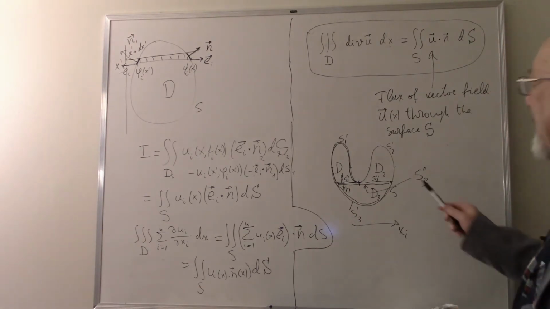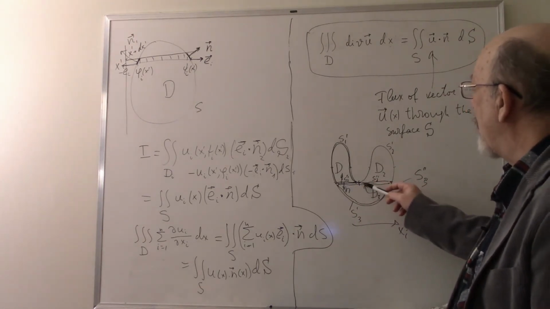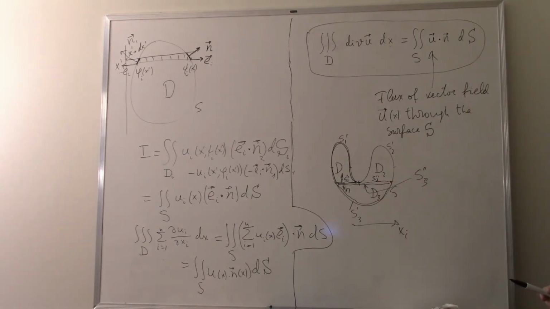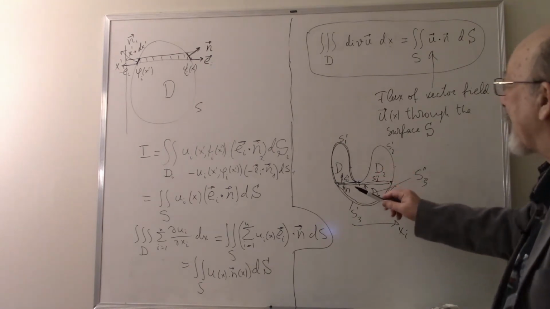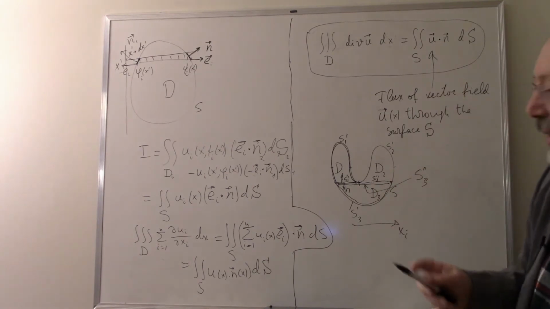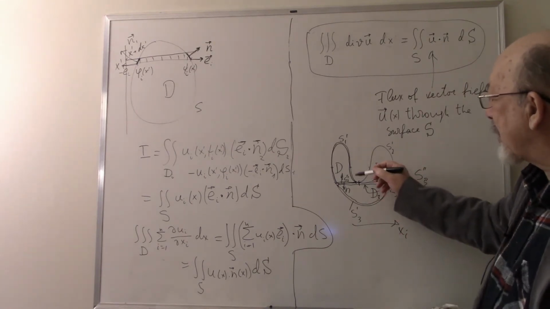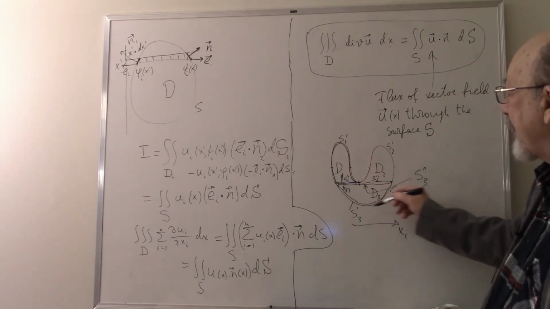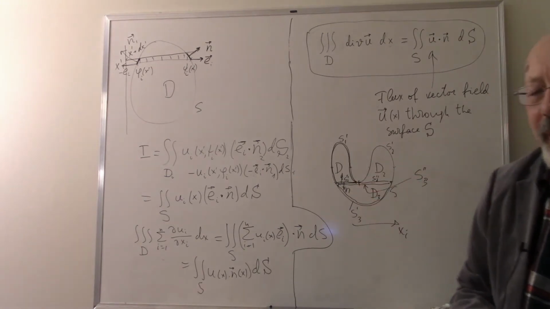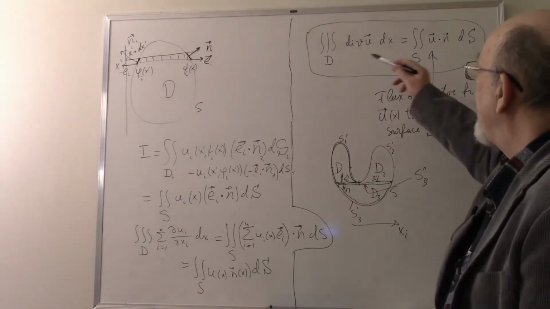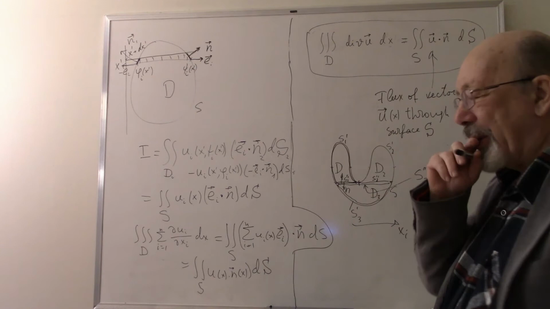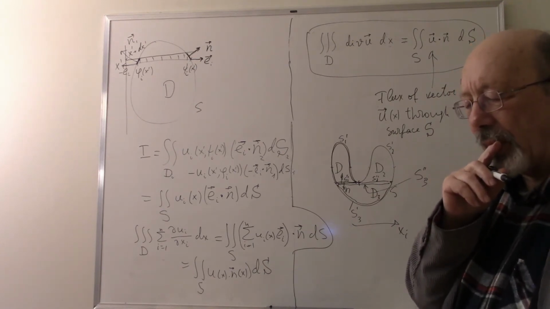So the contribution of these internal cutting surfaces cancels, and what remains is just the contribution through S1 prime, S2 prime, and S3 prime. So this theorem, if it was true for each piece, remains true for the whole domain.